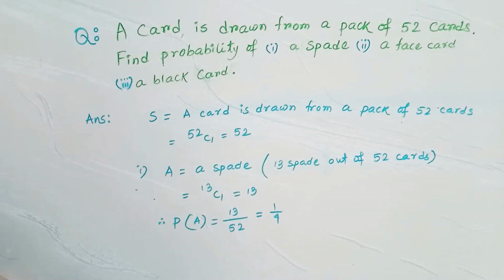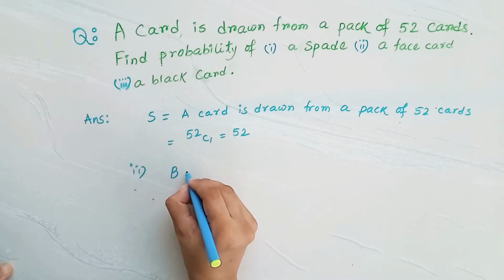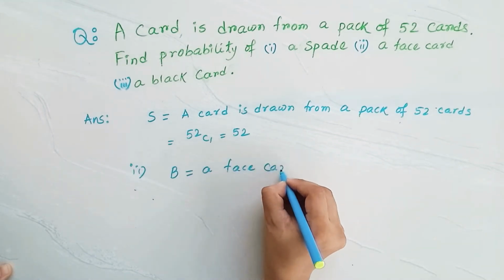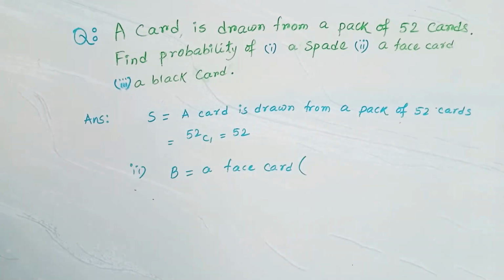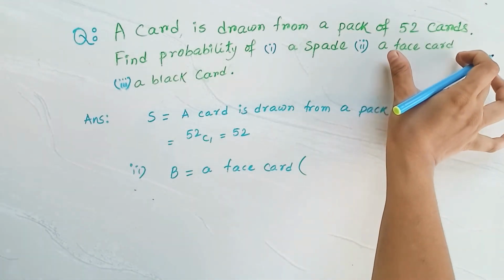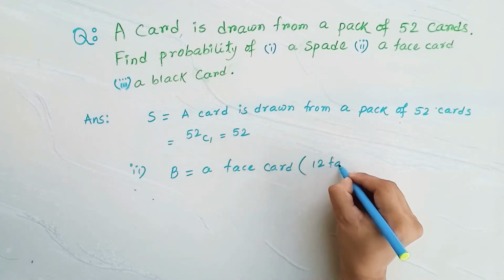Come to the second part. The second part is a face card. So B is equal to a face card. In the previous class we discussed the division of 52 cards. Out of 52 cards, there are 12 face cards.